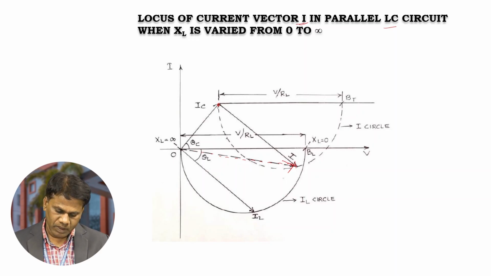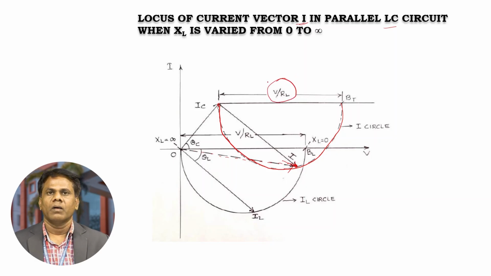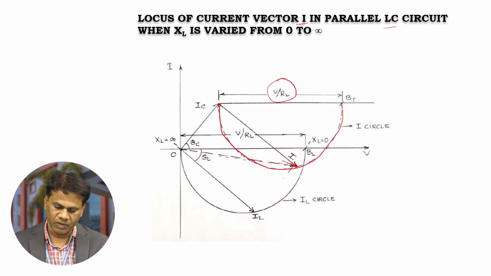From this joining point, I am drawing a semicircle like this, with a radius of V by RL.